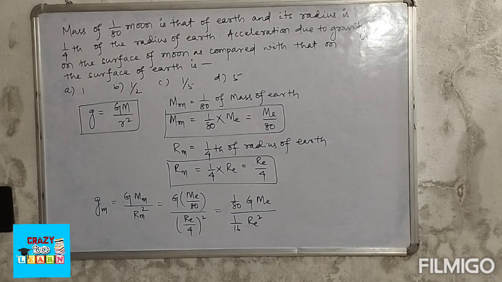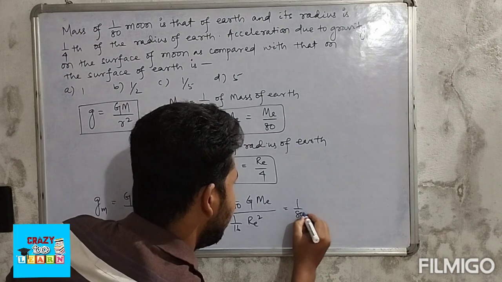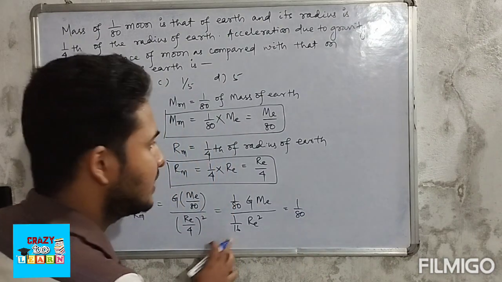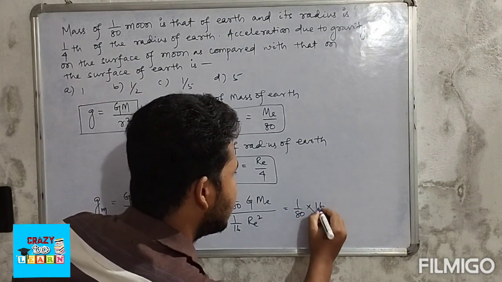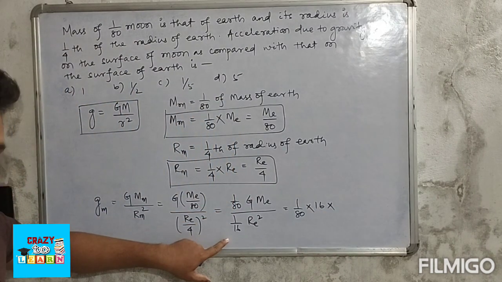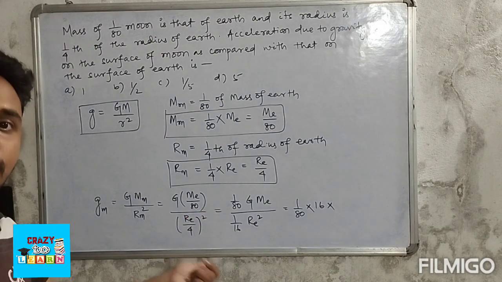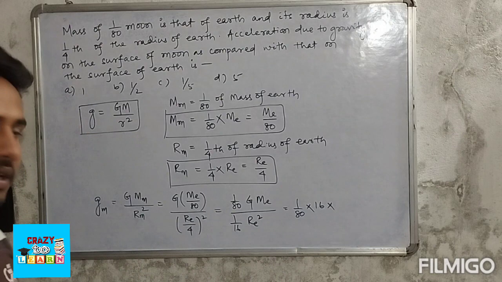Clear? So just solve it again. What will we get? 1 by 80 divided by 1 by 16, that means multiplied with 16. 1 by 80 divided by 1 by 16 means 1 by 80 into the reciprocal of 1 by 16. The reciprocal of 1 by 16 is 16. Clear?